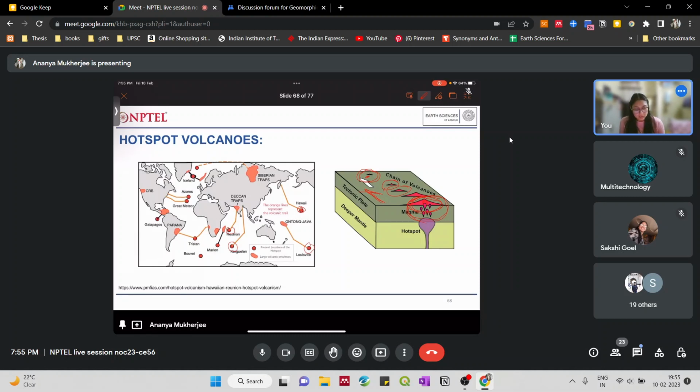These kinds of lines show how the plates moved. So the plate was moving like this, then at some time over here there was a sudden shift in the direction of the plate's movement, and then it started moving like this. The orange lines represent the volcanic trail corresponding to each presently existing hotspot.